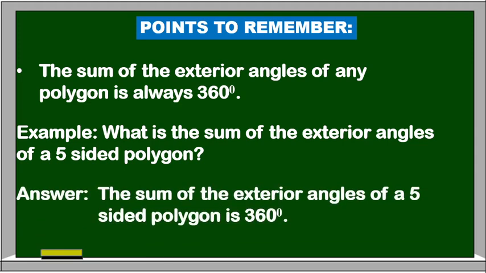Answer: the sum of the exterior angles of a five-sided polygon is 360 degrees. The same is true for other types of polygon, like triangle, quadrilateral, heptagon, octagon, and other types of polygon.